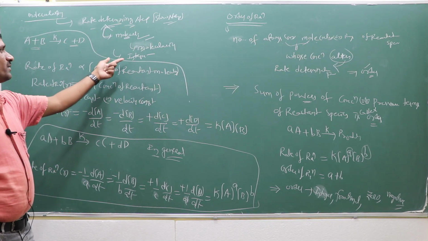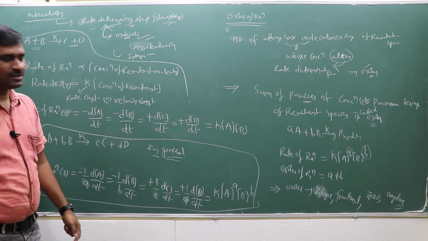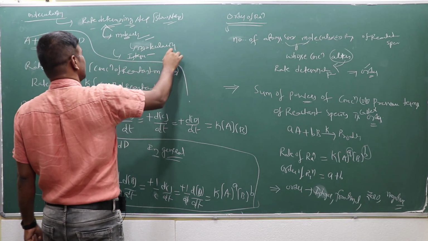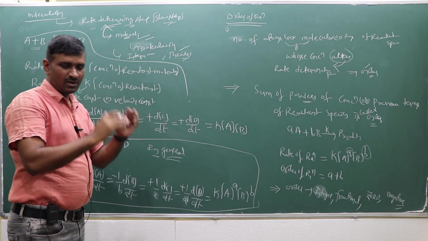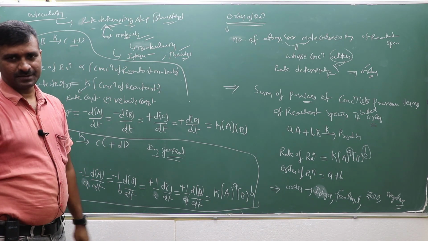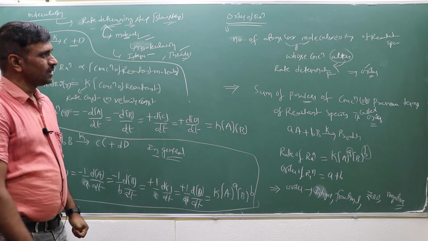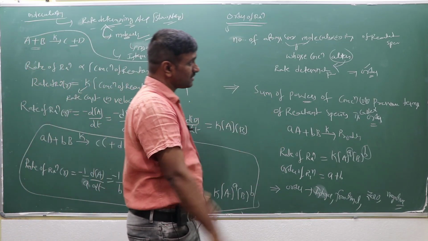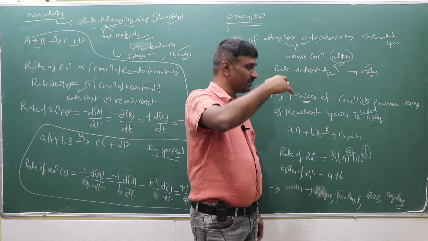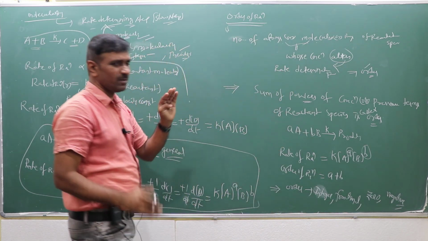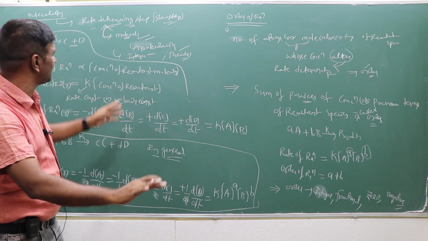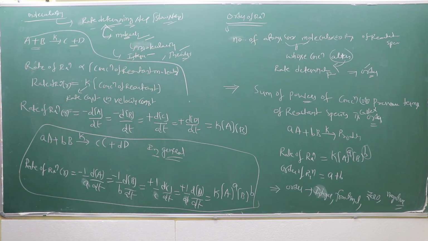These values can be determined theoretically, just by the number of atoms or molecules participating in the rate determining step. Whether their concentration is changed or not, whether it affects the rate of reaction, does not matter. How many molecules participate in the rate determining step, that is the molecularity.